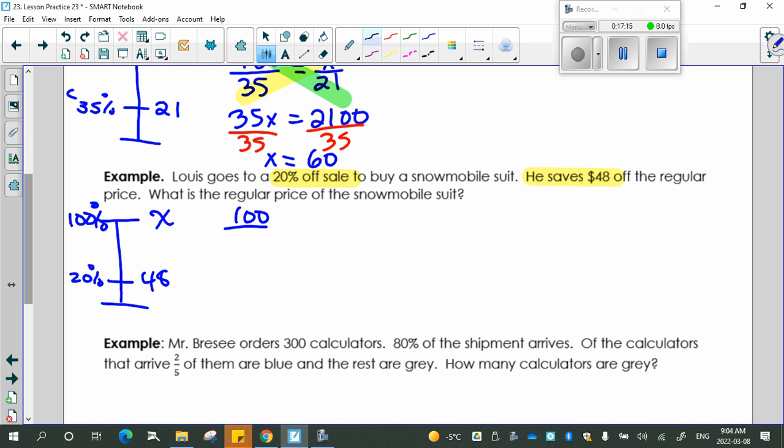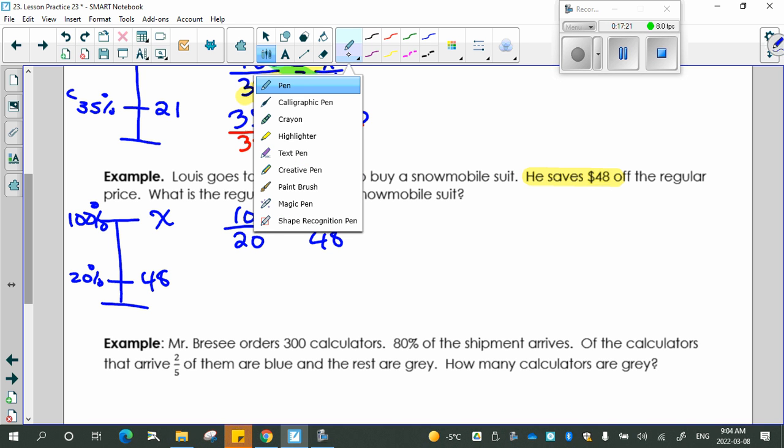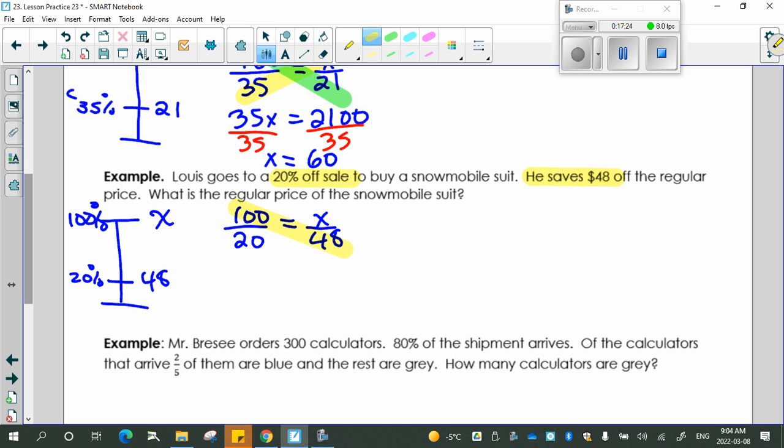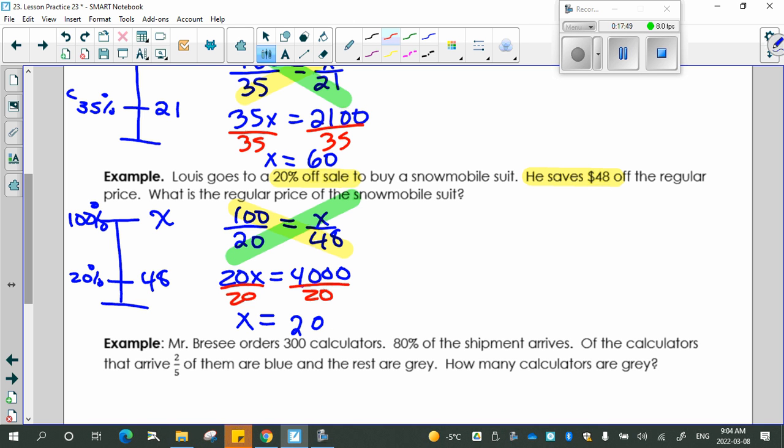So 100 over 20 is equal to X over 48. So 20X is equal to 4,800. X equals 240. I just realized that it's kind of long, but it is because everything after the 100 has to do it.